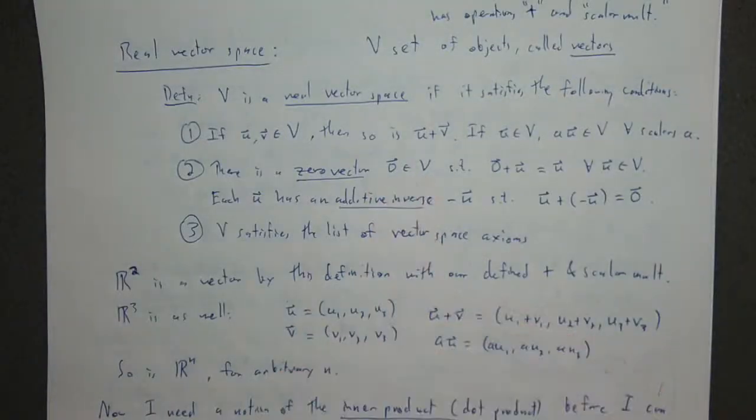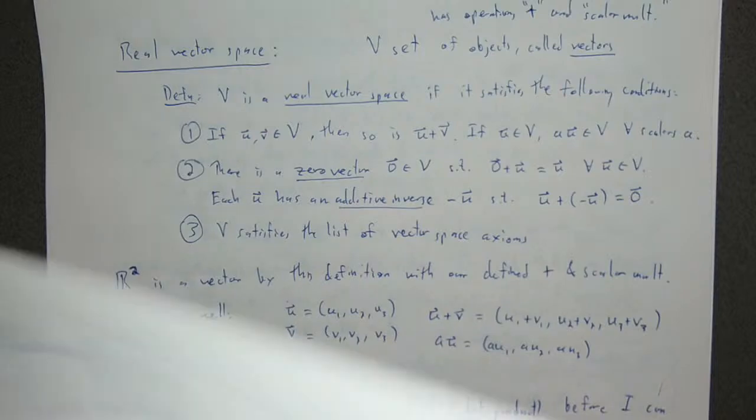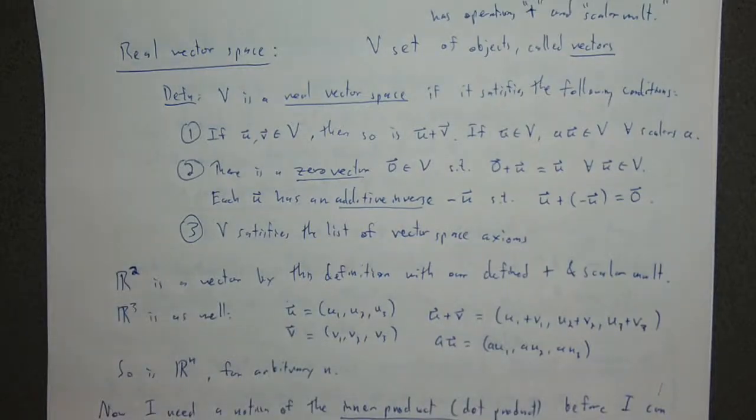There's a zero vector in V. So this is saying, without explicitly saying it, that V can't be empty, right? V has to at least have the zero vector. Okay. So there's a zero vector in V, and then all the other vectors have additive inverses. Of course, a zero vector is its own additive inverse, and so on. And V satisfies that list of vector space axioms.